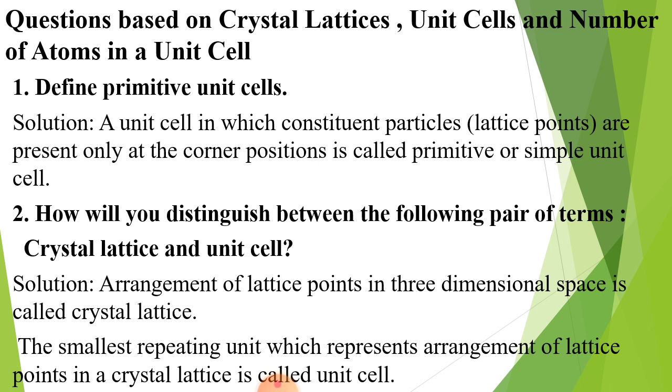Question number 2. How will you distinguish between the following pair of terms, that is crystal lattice and unit cell? Your solution should be like this: arrangement of lattice points, that is constituent particles, in three-dimensional space is called crystal lattice.